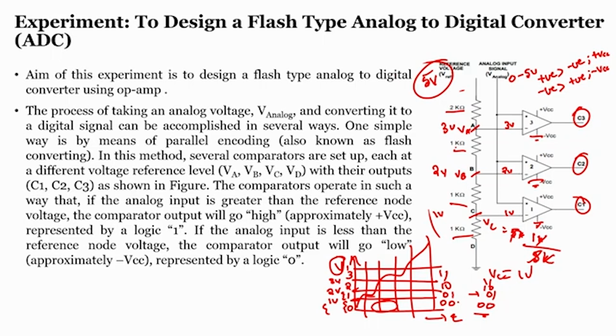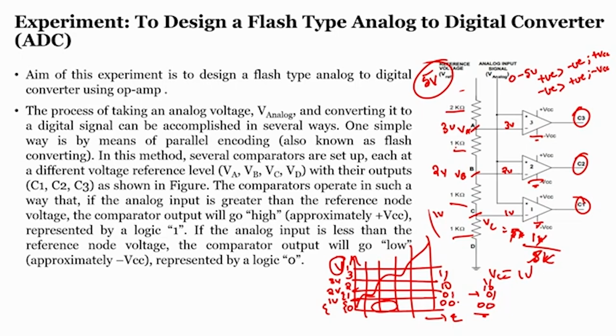Since it is a 2 bit ADC, the resolution value will be coarse, that means if the input voltage is between 0 to 1 volt, it is very hard to see the change in the output voltage.